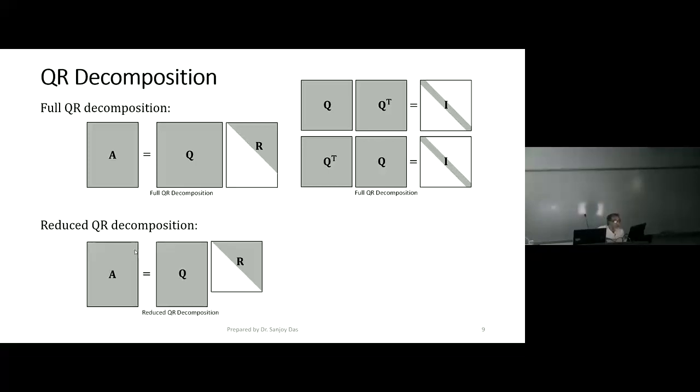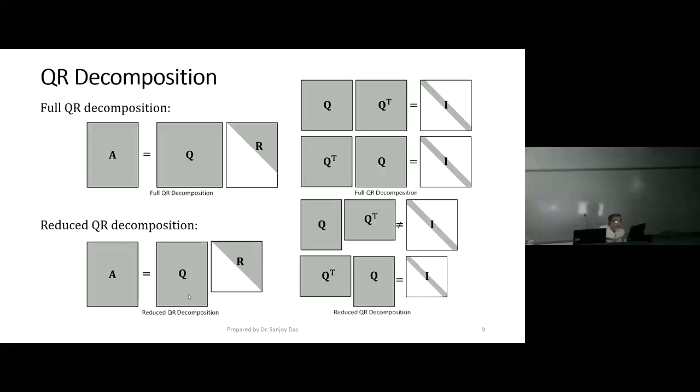Reduced QR decomposition is where we take off the rightmost columns of Q, and this is a reduced Q; it's not even a square matrix now. And we take off all these zeros at the bottom, so R is strictly an upper triangular matrix.